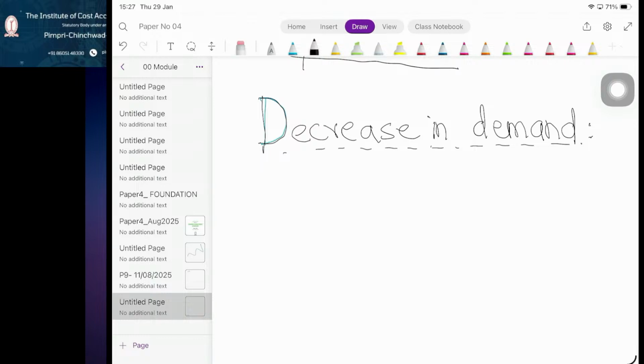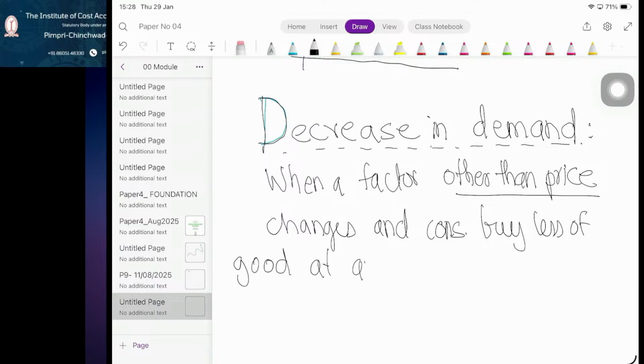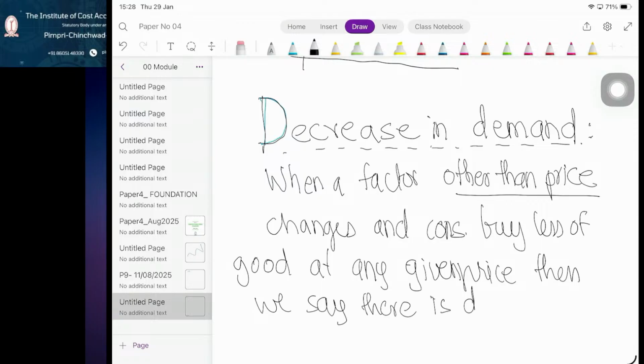Let's proceed. So let me just read what this would mean. When a factor other than price changes and consumers buy less of a good at any given price, then we say there is a decrease in demand.